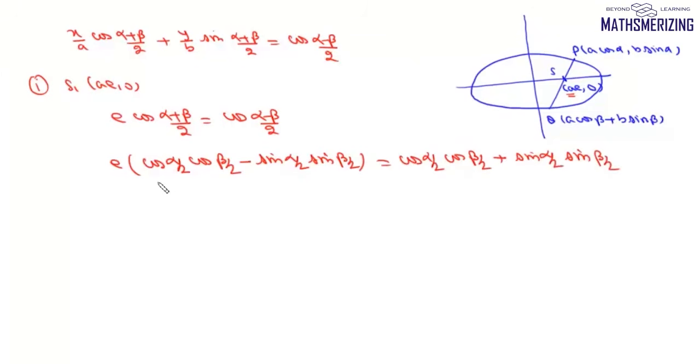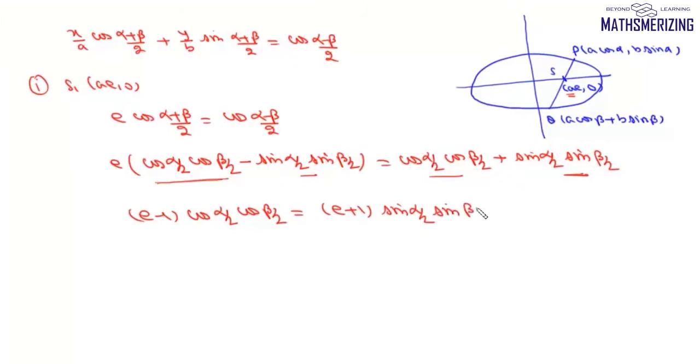Now we'll take terms of cos alpha by 2 cos beta by 2 together, and then sin alpha by 2 and sin beta by 2 together. Then we can write (e minus 1) cos alpha by 2 into cos beta by 2 is equal to (e plus 1) sin alpha by 2 into sin beta by 2.